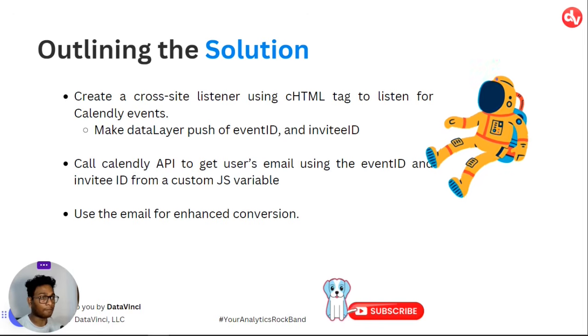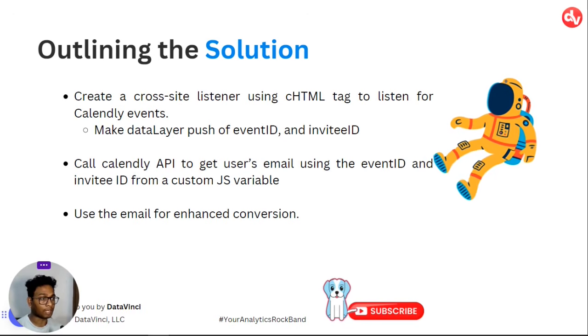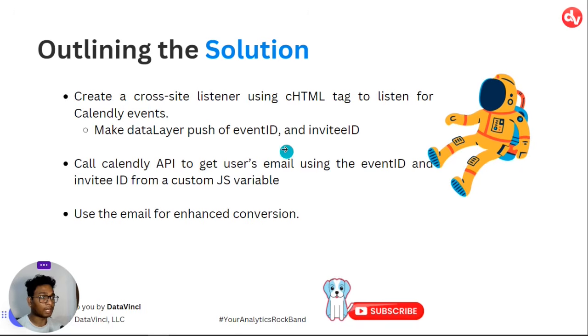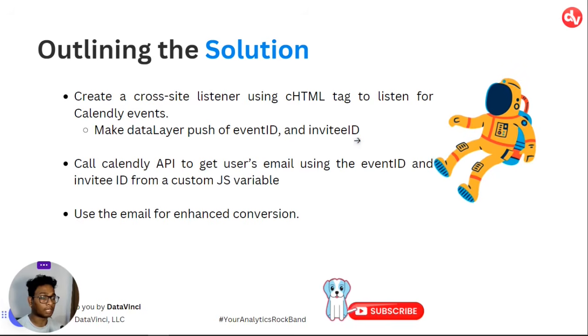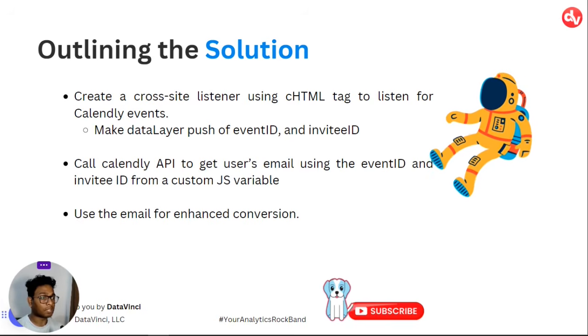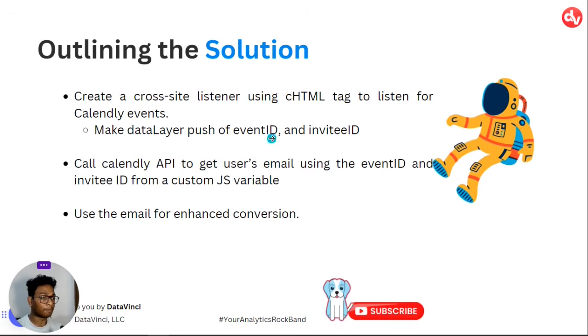We will listen to that data, and once we capture it, we will make a data layer push of the data. So Calendly would broadcast the event ID and invitee ID associated with the meeting that is booked, and we would capture that data from the parent frame and make a data layer push of that data.